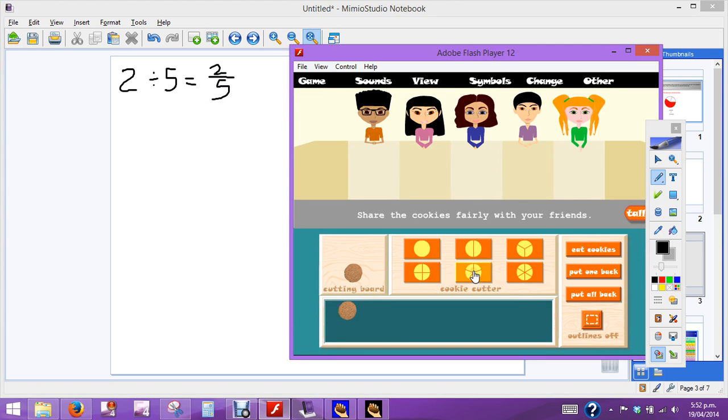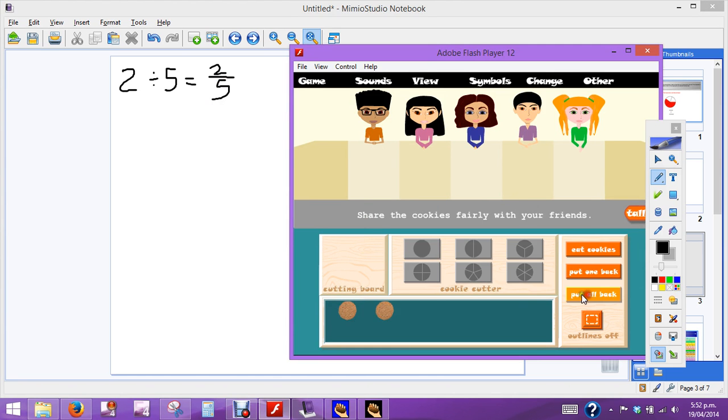So I'm going to use the cutter that has 5 equal segments to give them 1/5 of one cookie first, and that's evenly shared, so that cookie's gone, and then 1/5 of this cookie. So they get 1/5 and 1/5 is 2/5. Even Stevens.